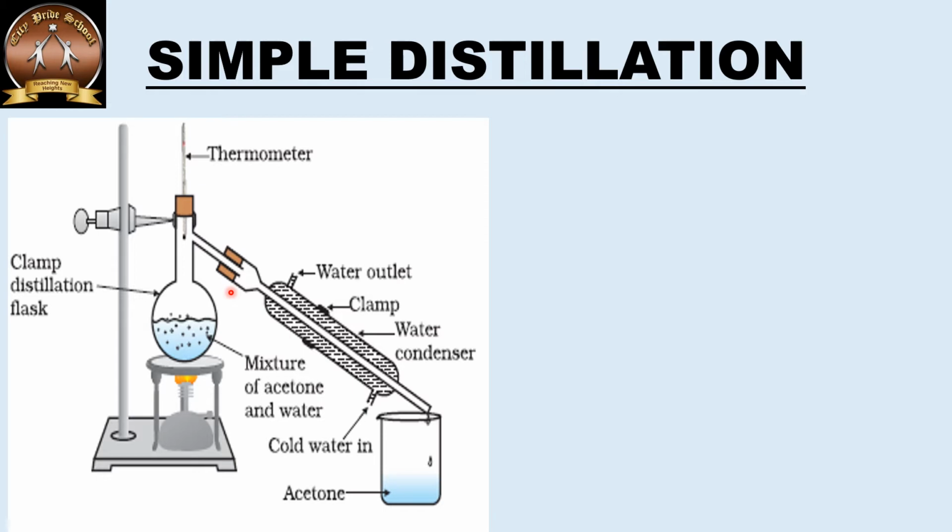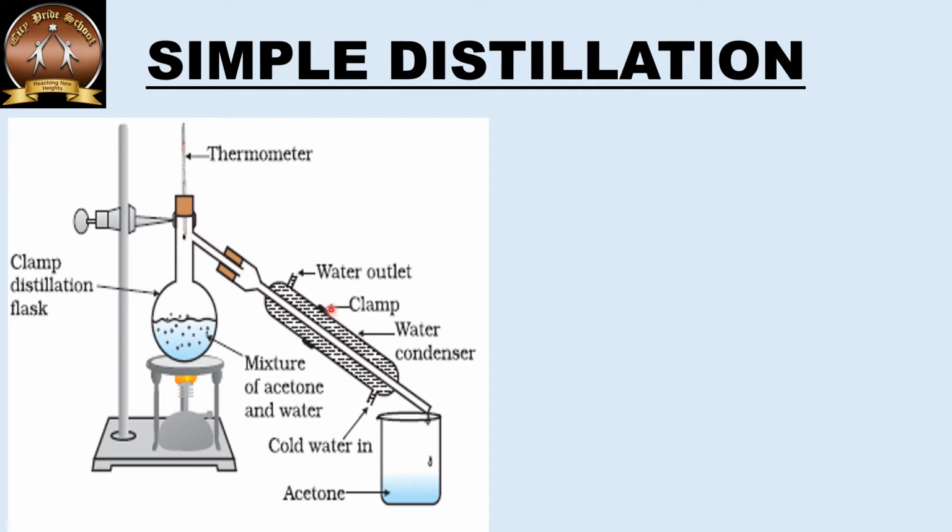This Liebig condenser has two vents, one outlet and one inlet. The inlet is connected to a cold water source, where the water gushes in this way, circulates and moves out. So the temperature of this part of the condenser is always cool as compared to the temperature of this area.